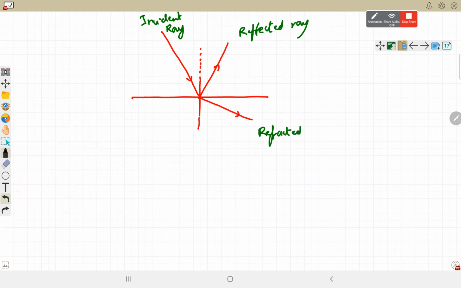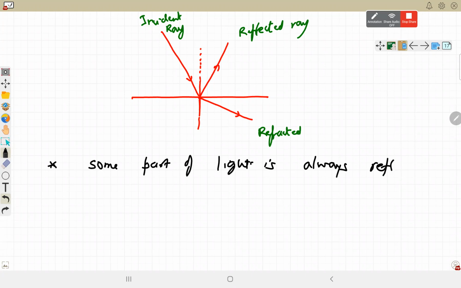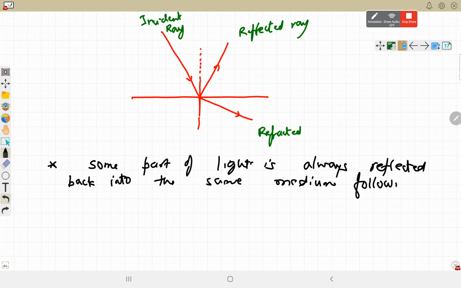So there are some common points, star mark. Some part of light is always reflected back into the same medium, and this always follows the laws of reflection.